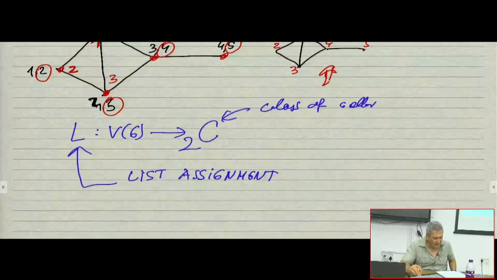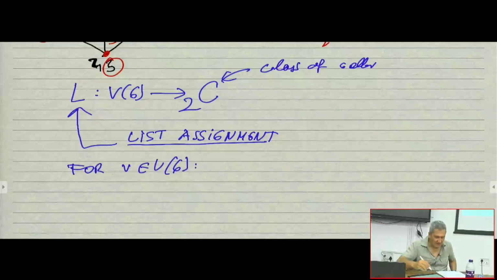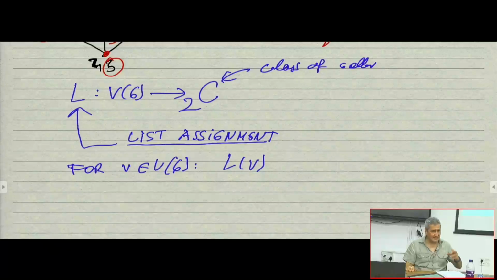For vertex V, we also used to call it this set L of V. This is the set of colors from which we are allowed to choose a color for this vertex.